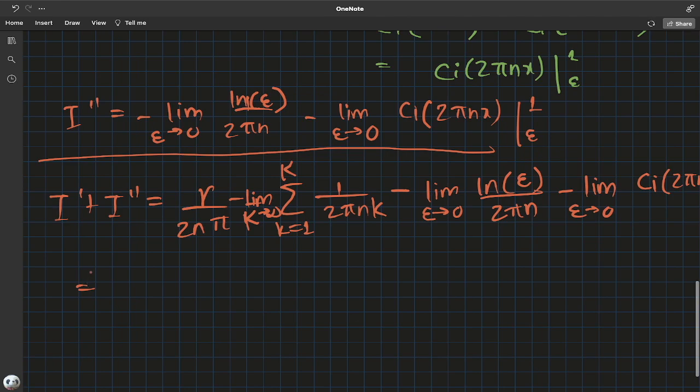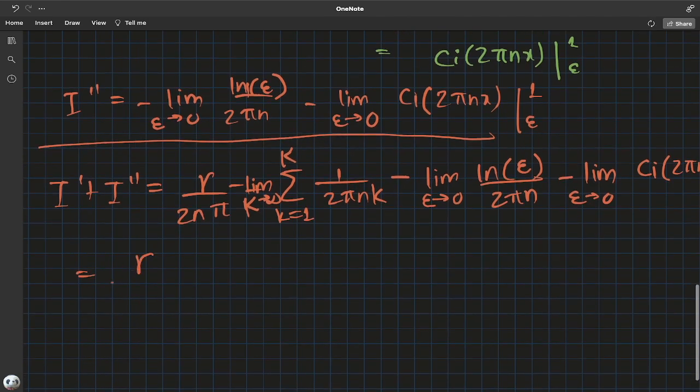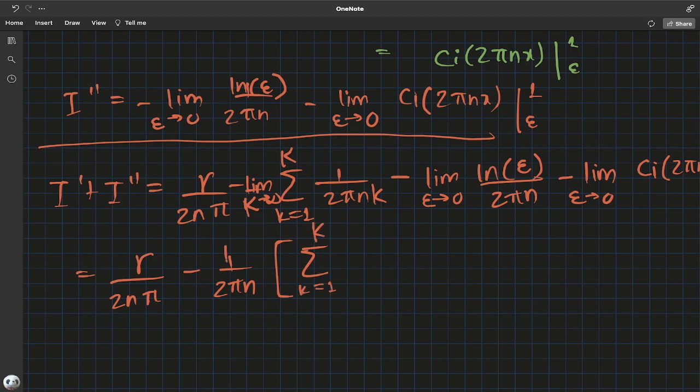Okay, now notice what's going to happen, and this is a clever observation, and the power of regularization. Notice we have this. I just pulled out the constant, so sum from k equals 1 to capital K. I'm also taking the limit outside, capital K, 1 over k.